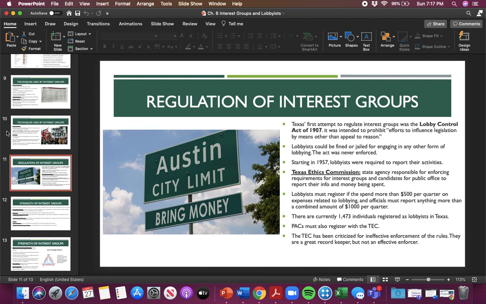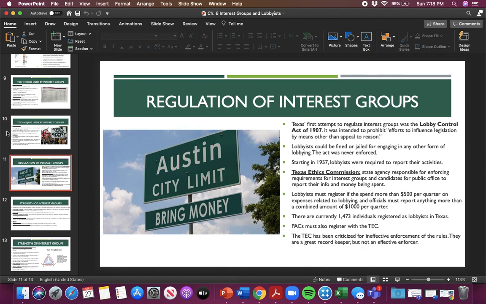never enforced. And so, what we did in 1957 is we created a commission, the Texas Ethics Commission, that requires lobbyists to report their activities so we can track it. So, the TEC enforces the regulations of interest groups and lobbying, and candidates have to report what they are receiving from lobbyists, money that's being spent, things like that.